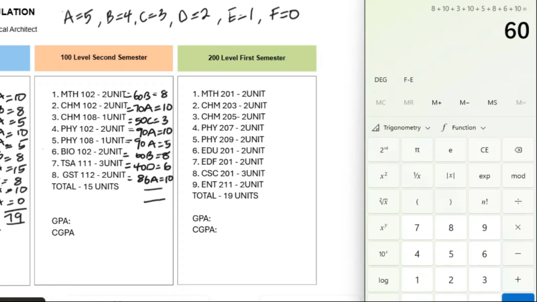So this gives us a total of 60 points. So we have a total of 60 points here.